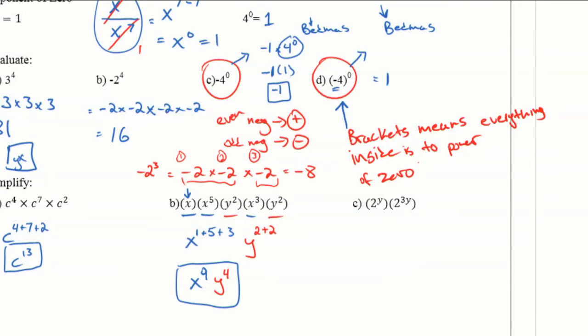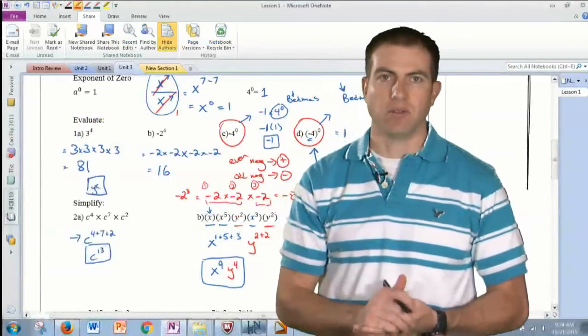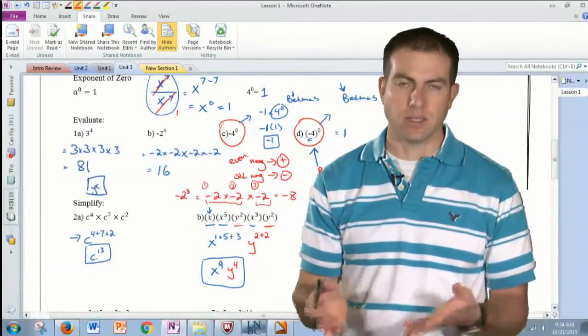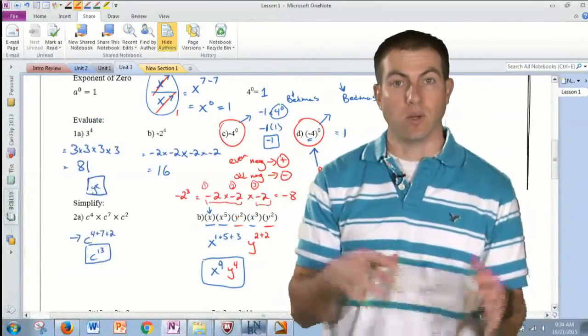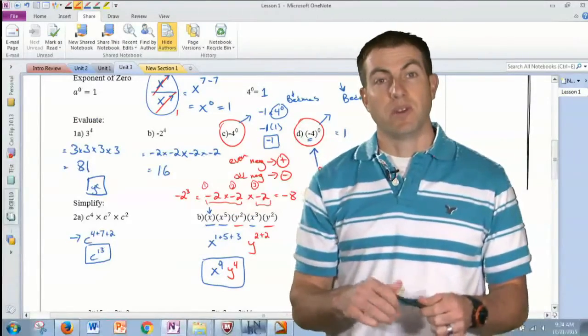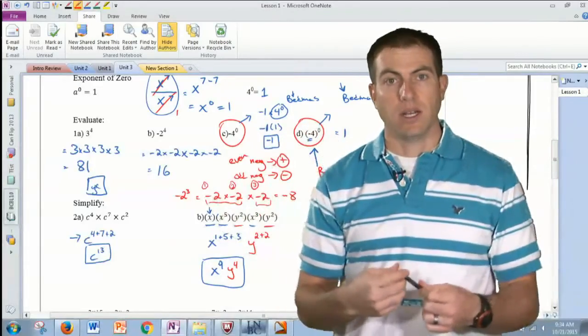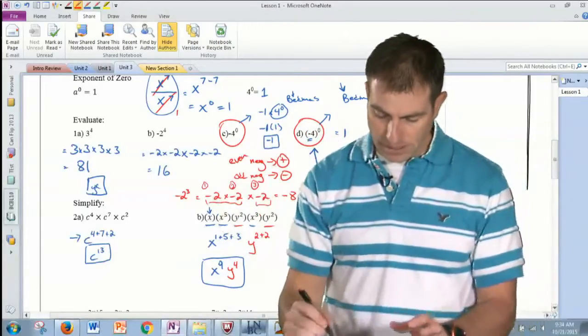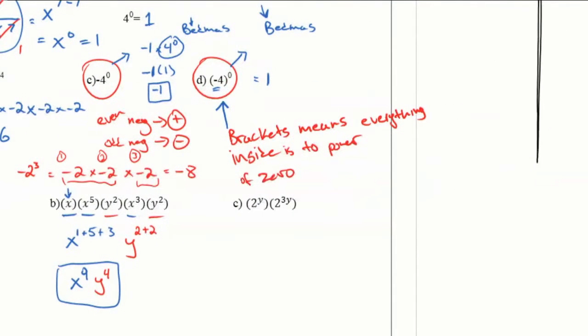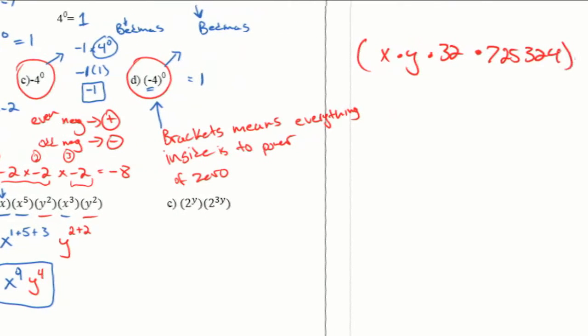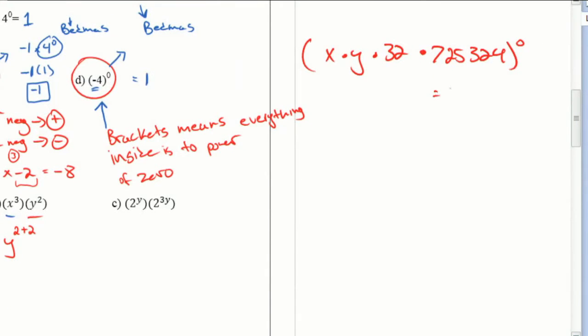When you're going through the learning guide, you'll see the questions that I'm referring to, and they look exactly the same as these. You'll see one has the negative and then one has the brackets. Just remember the brackets, everything inside the brackets is going to be to the power of 0. It doesn't matter what it is. So I could have, and you definitely do not need to write this down, just a completely random set of numbers, like x times y times 32 times 725,324, all to the power of 0, just going to give me 1.